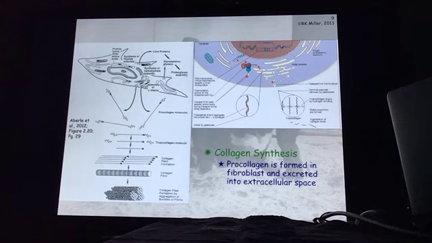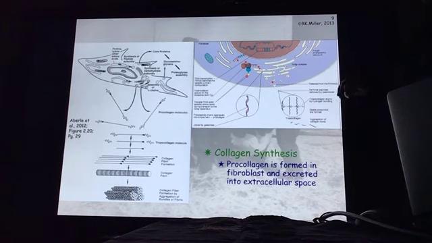So you need to remember fibroblasts are there, that it produces procollagen, then collagenase breaks off the alpha chains to produce tropocollagen, which then is inserted into the collagen matrix of the fiber.